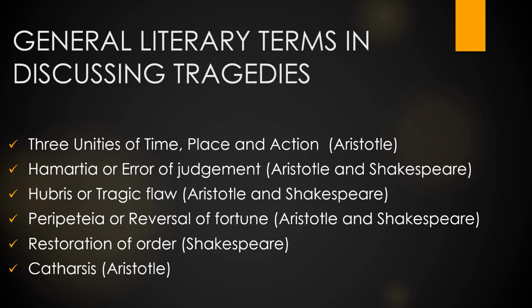So another term that you may come across is hamartia, or error of judgment. Self-explanatory. Hamartia is the Greek word, and error of judgment is what we understand by it. Hubris is the tragic flaw in plain English. Peripeteia is a reversal of fortune in plain English.